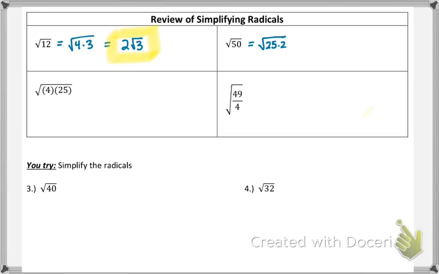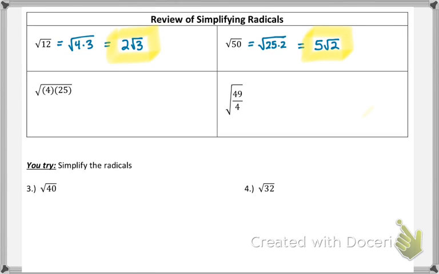How can I break it up? Does 4 go in? Does 9 go in? 16, 25, 36, all those numbers that you can take the square root of. That's what you're looking to see if you can break them down into. So square root of 25 is 5. And then you got the square root of 2, which we can't simplify.